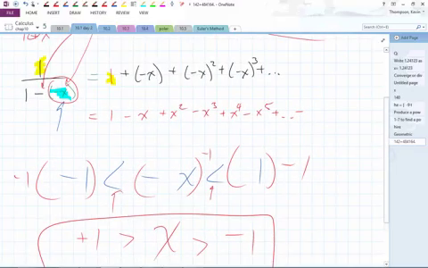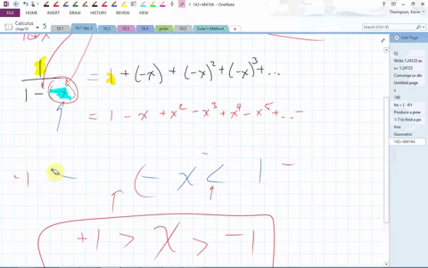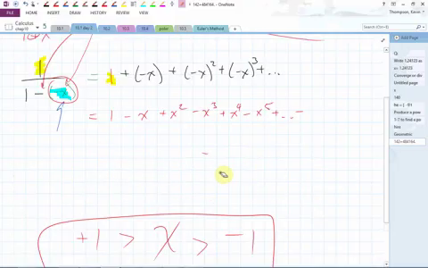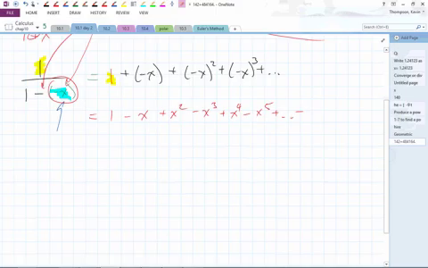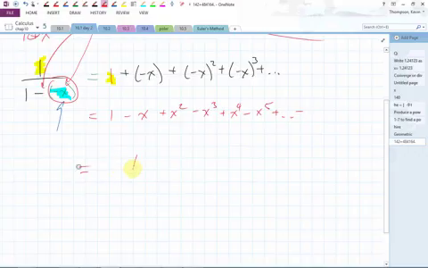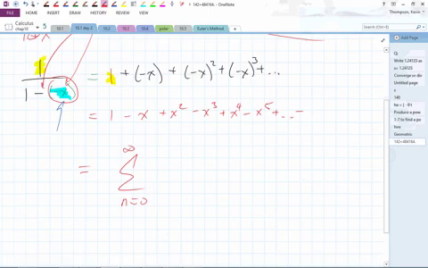Now we're not done yet, because I want to practice writing the summation, because the next one is going to give us a little bit more of a fit with this. So, summation from n equals 0 to infinity. There's a couple ways I could do it.